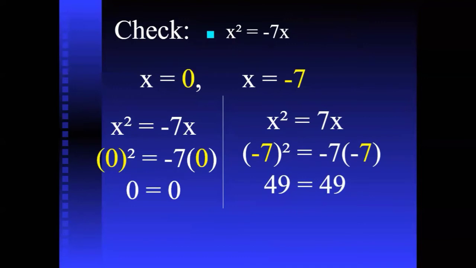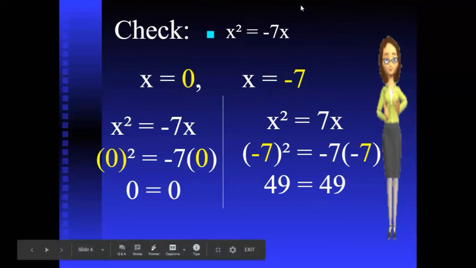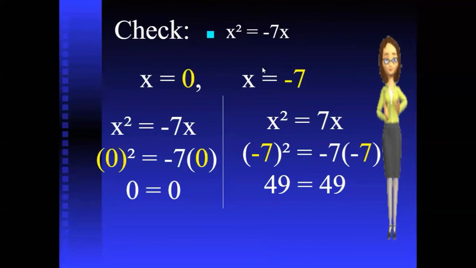So therefore, our solution 0 and negative 7 is our answer, because these two solutions satisfy our original equation. And the answer is 0 and negative 7. Yes, and that is using factoring.